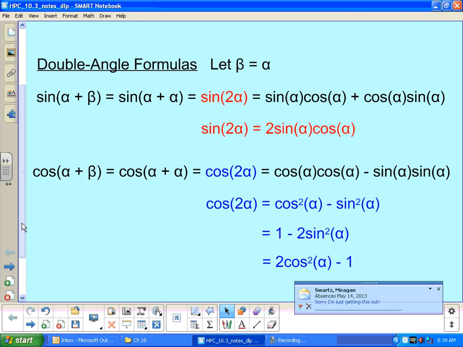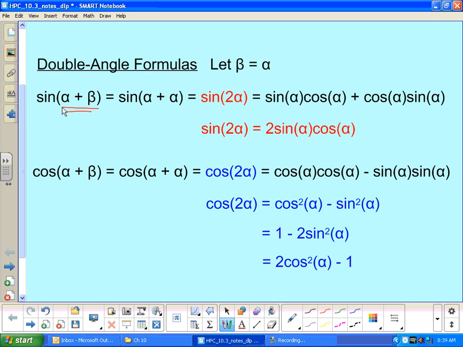So here we see the derivation for the double angle sine formula. We start out with sine of alpha plus beta, our normal sum formula for sine, which gives sine, cosine, cosine, sine.